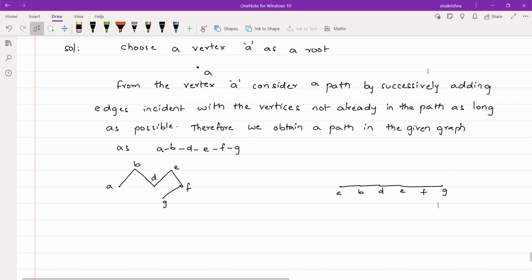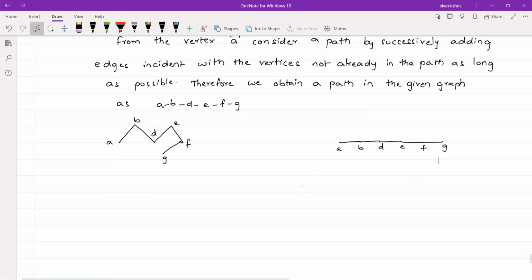So once again, now we have to move back to the vertex F. So now backtrack to F. I am writing.